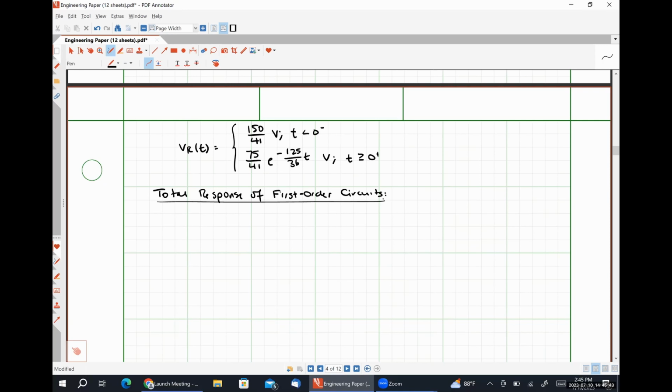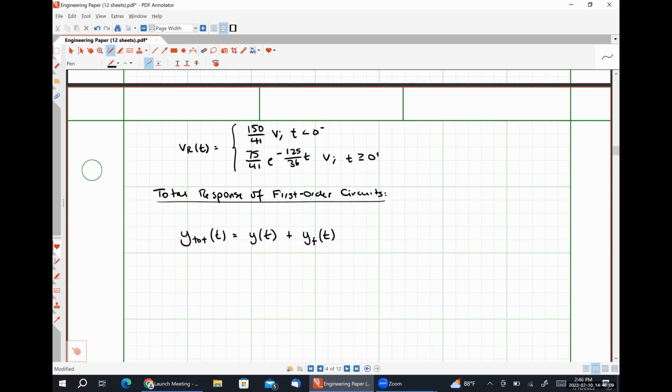What we're going to look at now is, let me write this down here. We're going to have our total response, y sub total, and it is going to be our natural response, which is what we've been calling y of t, plus what I'm going to call our forced response, y sub f.